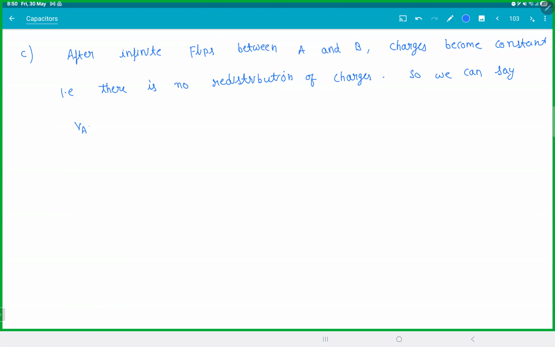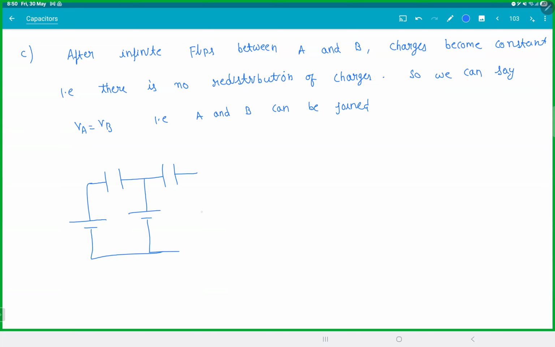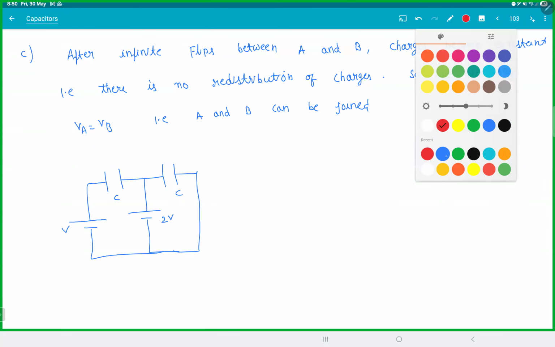If VA is equal to VB, you can just join them. To V, C, and C. Let this charge be Q1.